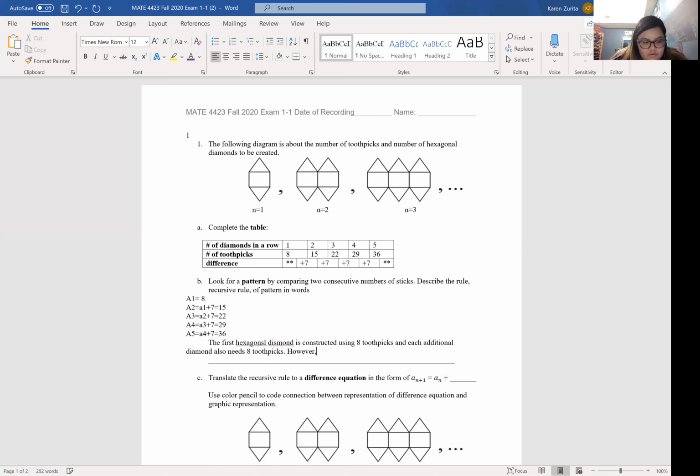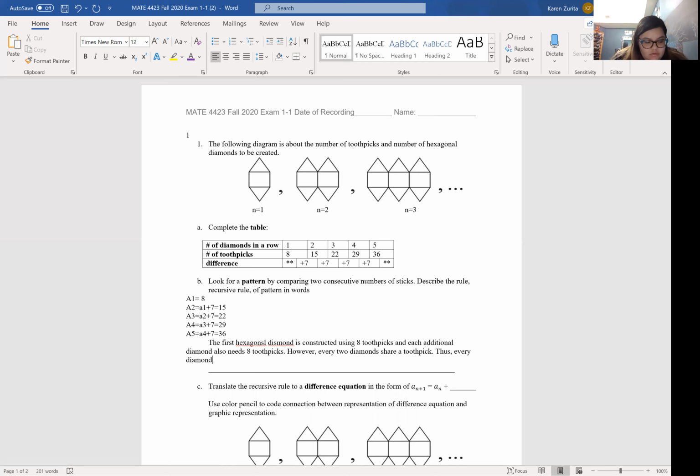However, every 2 diamonds share a toothpick. Thus, every diamond needs 7 toothpicks, except the first one, to be constructed.